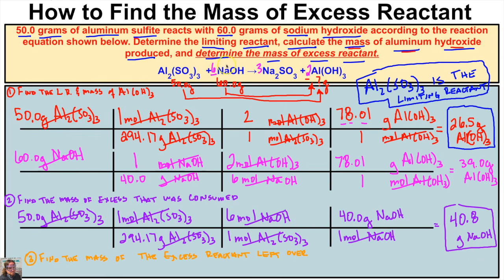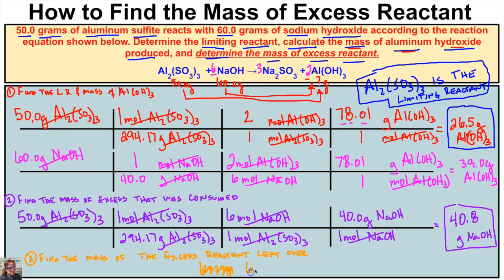Well, if we started with this much sodium hydroxide, and we know that this is the excess reactant, and we're left with this much sodium hydroxide, well, all we need to do is subtract this amount from the initial amount, and that will give us the mass of the excess reactant that's left over. So if we take the initial amount of our excess reactant, which is 60.0 grams, let me rewrite that.